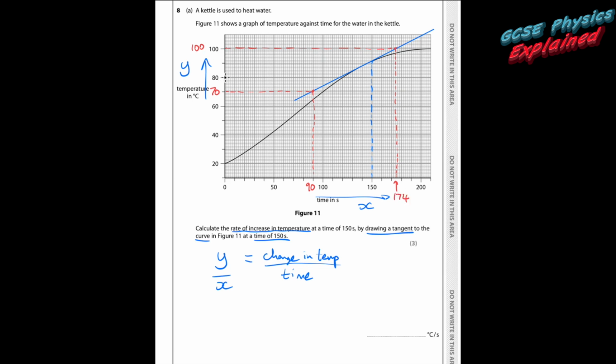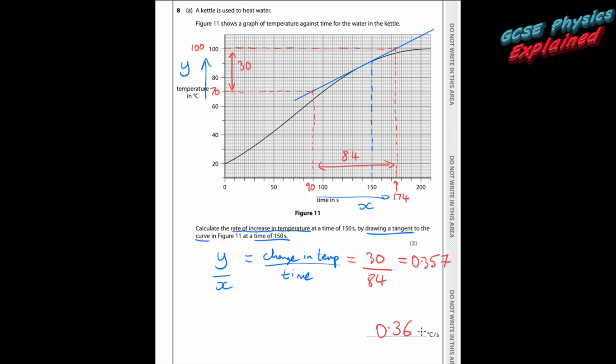Right, so the y-axis has changed from 70 to 100, so that's 30. And the x-axis has changed from 90 to 174. So that's 84. So if we pop the numbers in, the y-axis changed by 30 divided by 84, and that comes out as 0.357.